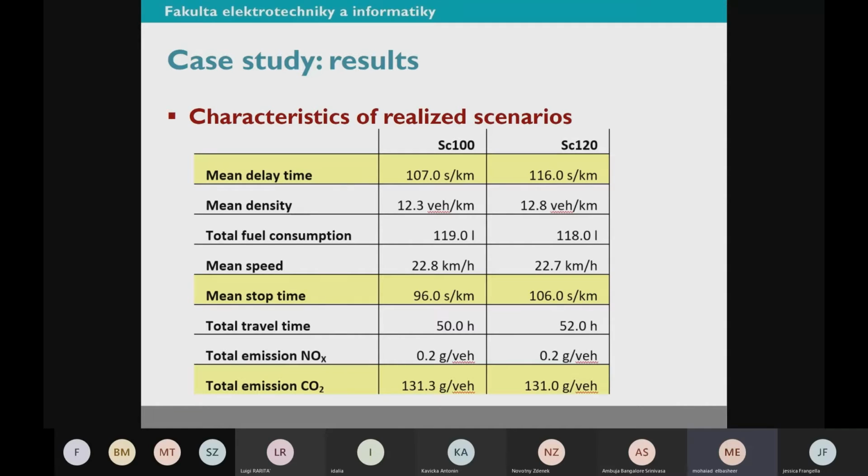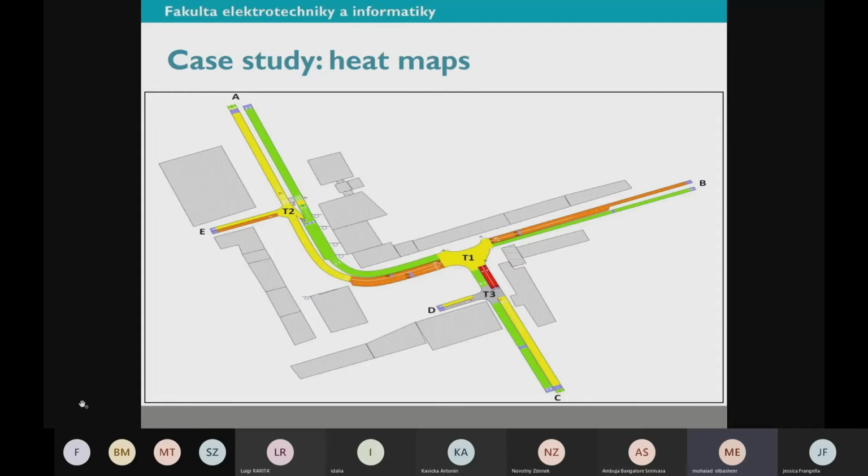So mean delay time, mean stop time, and total emissions were considered. The results were also demonstrated by means of heat maps, where the intensities of the flows can be depicted and demonstrated.